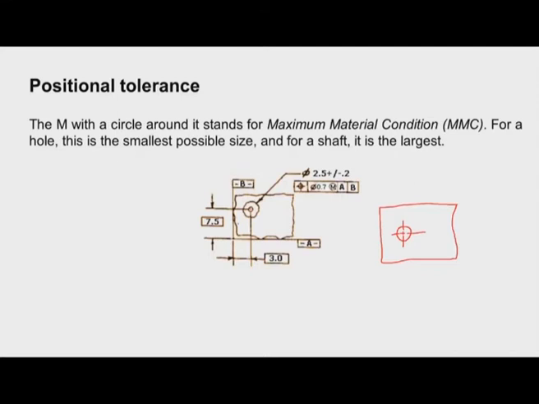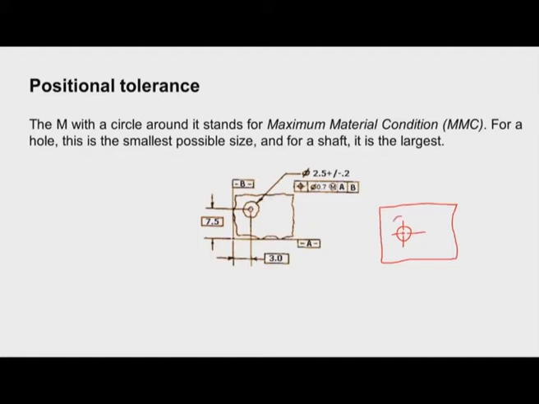The drill tool may not exactly coincide with the specified center. So it may deviate from the specified center. So we have to specify what deviation is allowed, and that is done by using the positional tolerance.